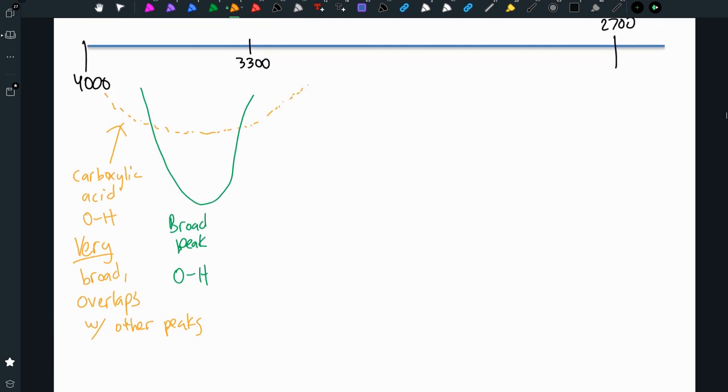Right around 3,300 is usually where you'll see NH peaks. If it's an NH2 group, you might see a double peak. If it's only one NH bond, then you'll only see one peak there.